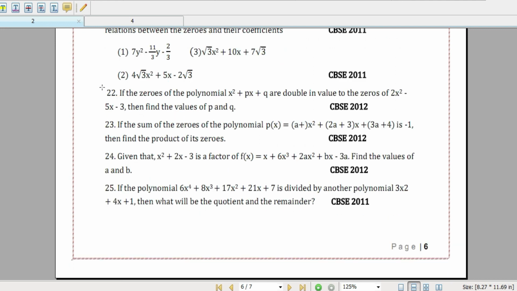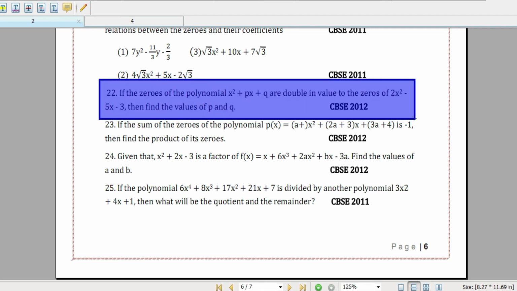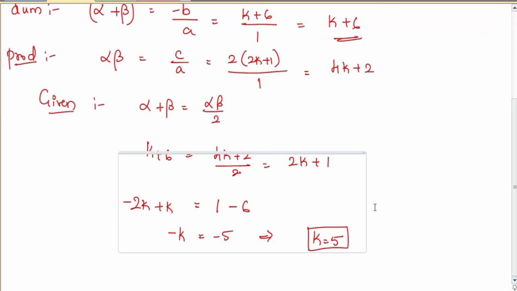Okay, so now let us solve this one. If zeros of the polynomial are double in value to zeros of the other one, find the values of p and q. Okay. This is a very tricky one.